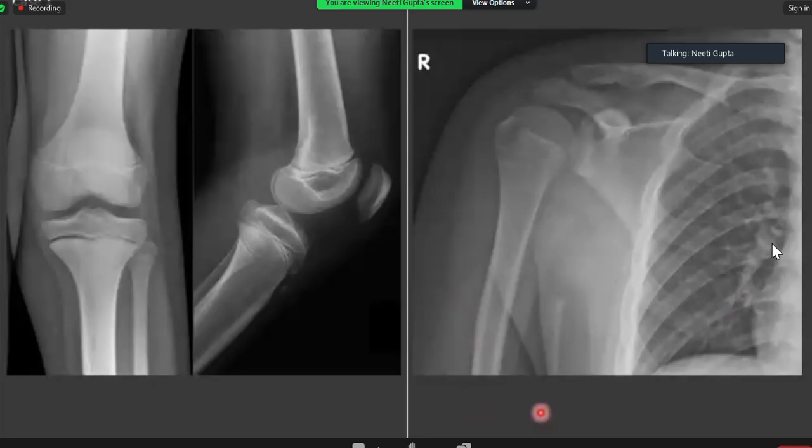Are you seeing an abnormality in the first case or the second or in both?